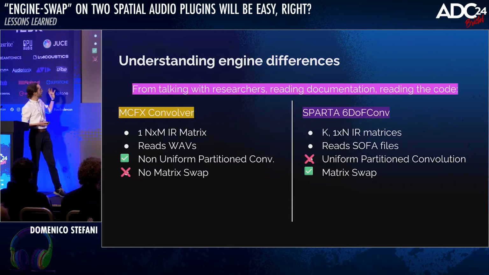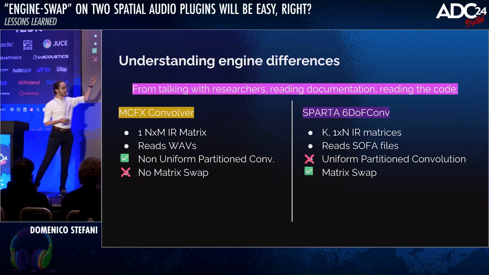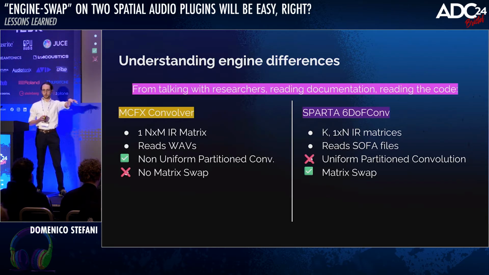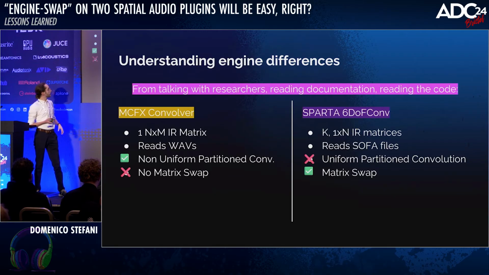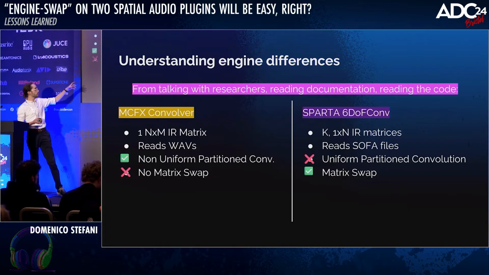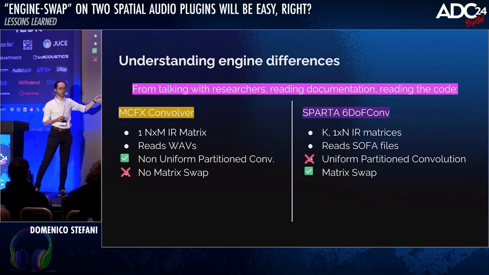It reads these matrices as WAV files, while SPARTA reads matrices measured in, for example, a room, only mono input and many outputs that can be, again, ambisonic channels. So it reads SOFA files, which are more complex because they contain metadata on where, for example, these impulse responses are measured. Other big differences, MCFX uses non-uniform partitioned convolution, which is very optimized, but also hard to handle.